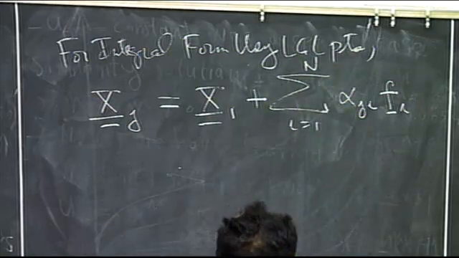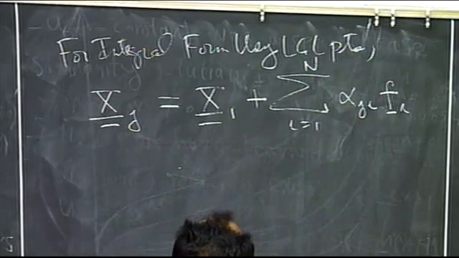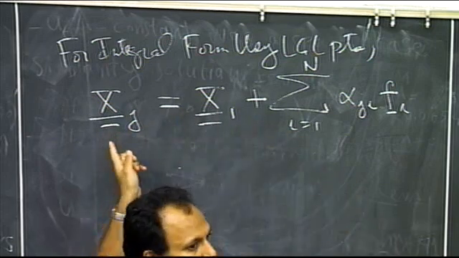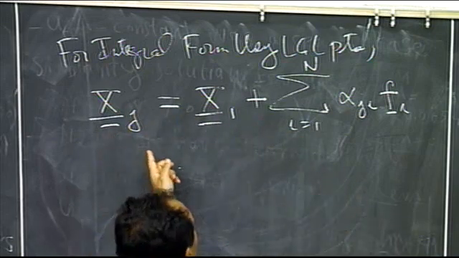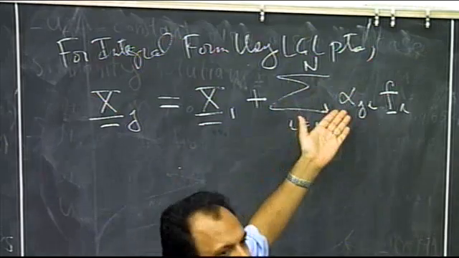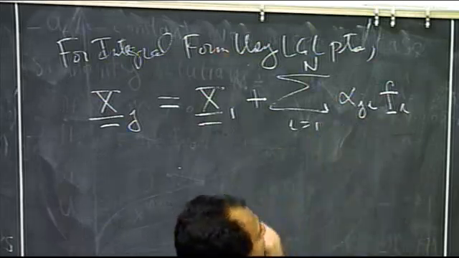If you look at this, all I've done is say I'm going to approximate the state at every single LGL point as the initial condition plus some set of quadrature weights that correspond to that particular point.